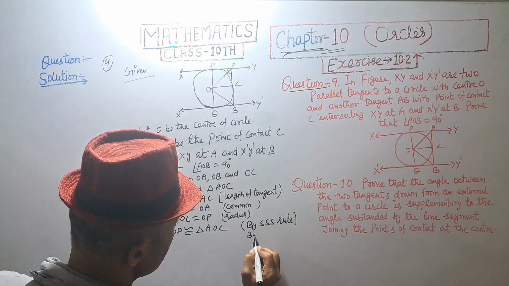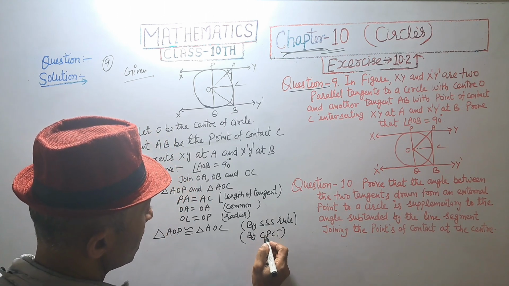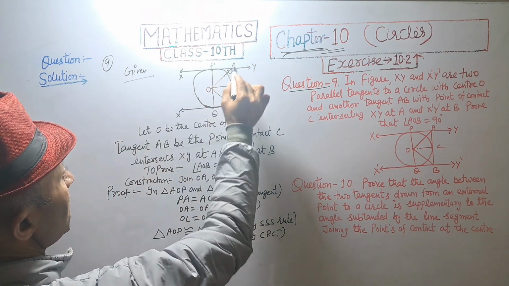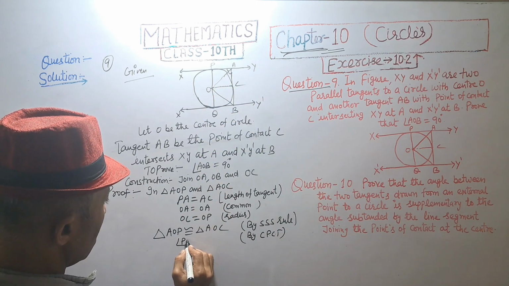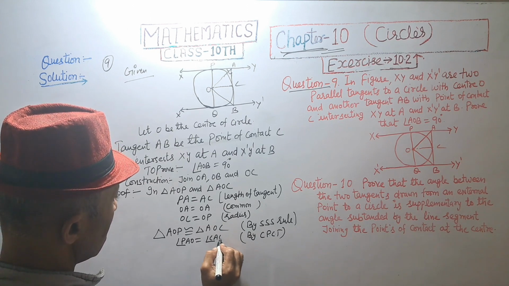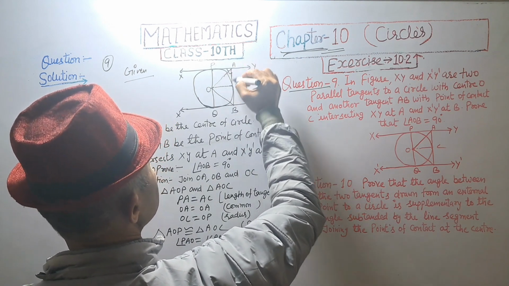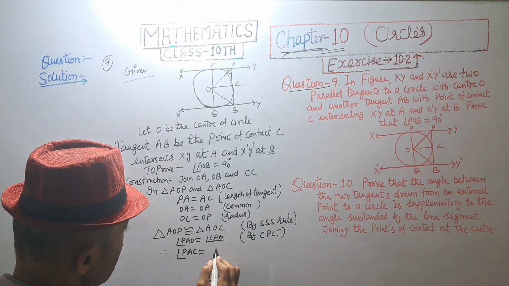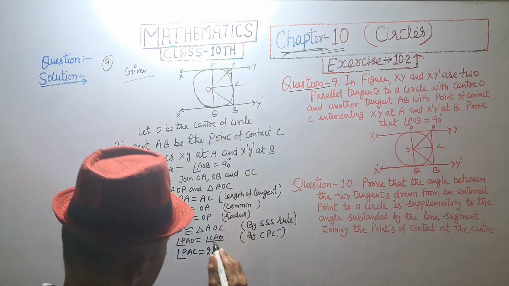And by CPCT, corresponding parts of congruent triangles are equal, so angle PAO is equal to angle CAO. Therefore angle PAC is equal to double of angle OAC.